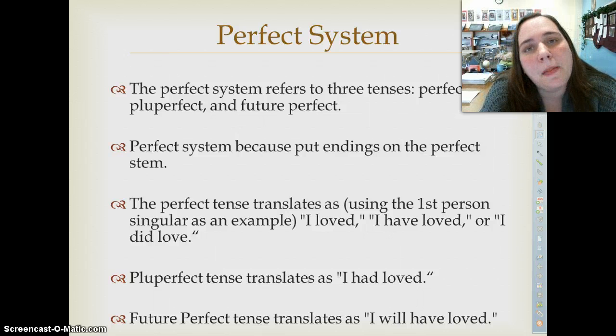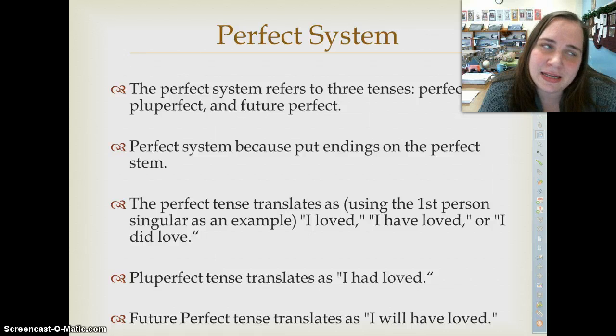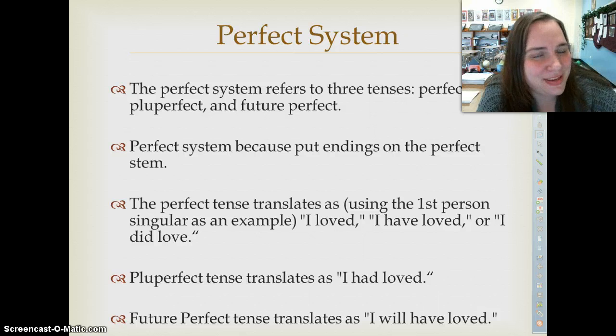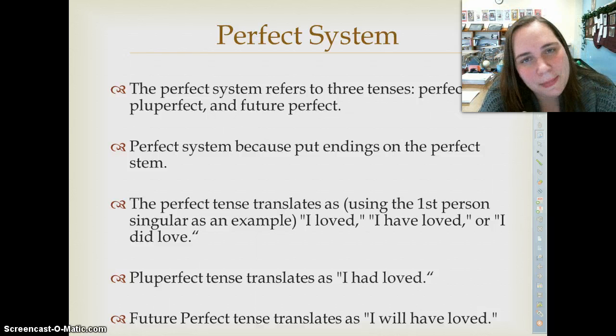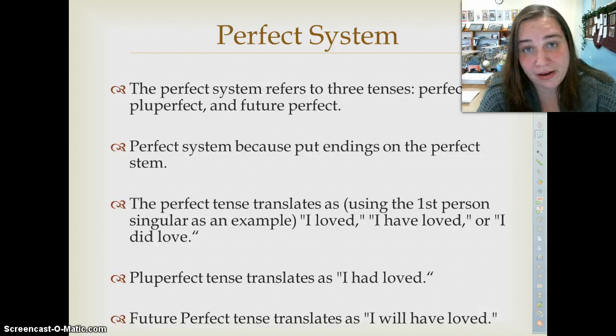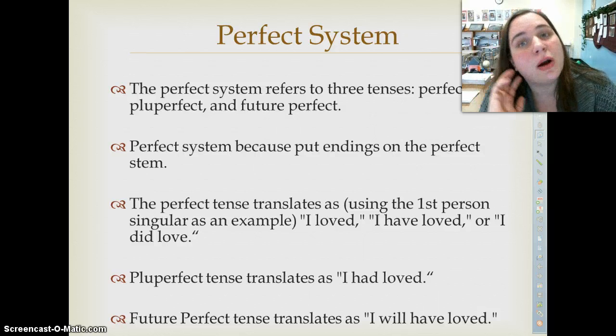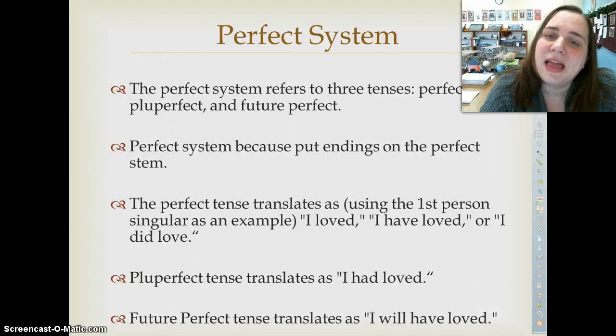The perfect and the pluperfect are completed past action, and the future perfect is a completed action that is going to happen in the future, which I know sounds a little bit weird. And the truth is that the future perfect is not an extremely common tense in English or in Latin for that matter, but you still need to learn it.